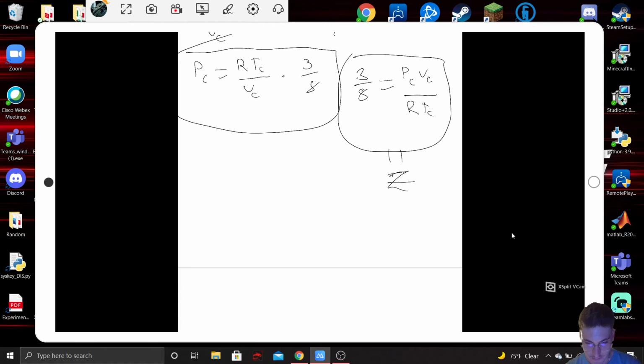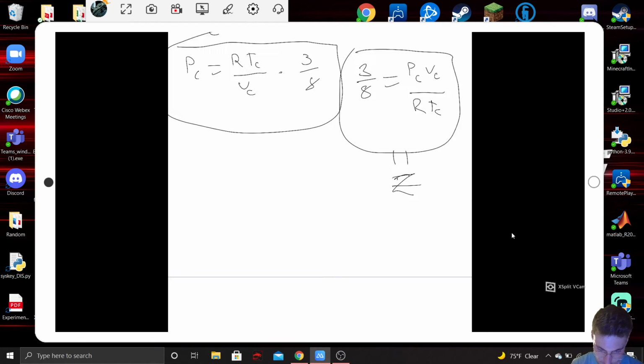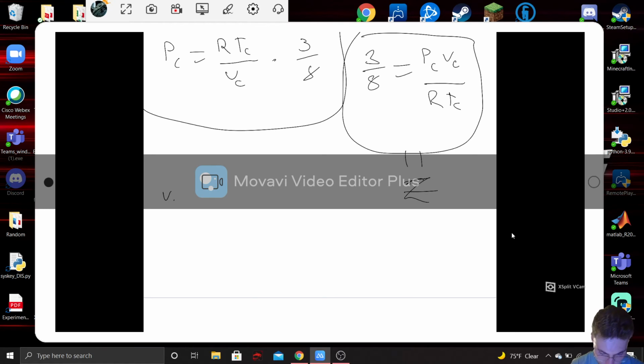So if we want to find VC, VC will be equal to our 3/8 RTC over PC.